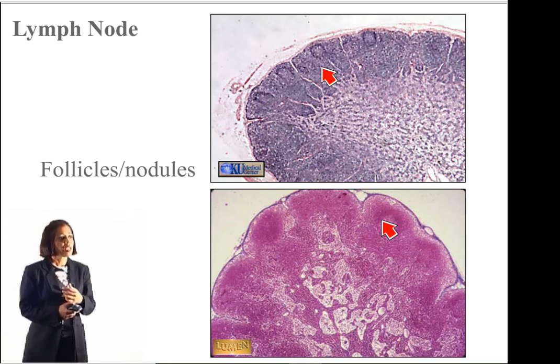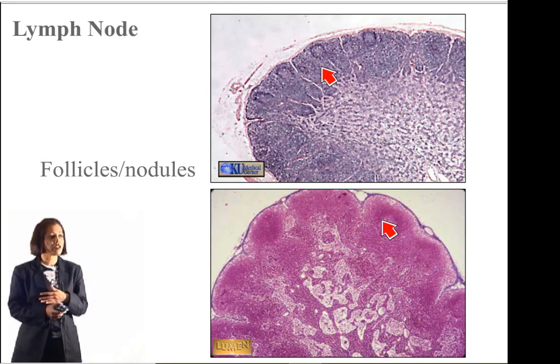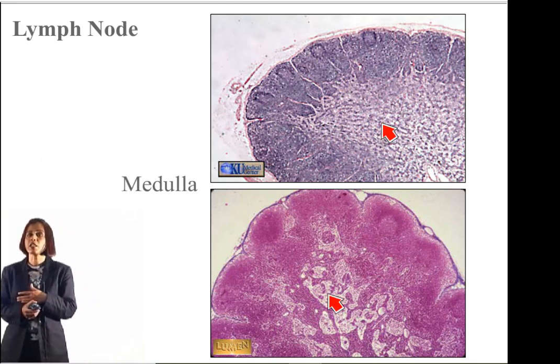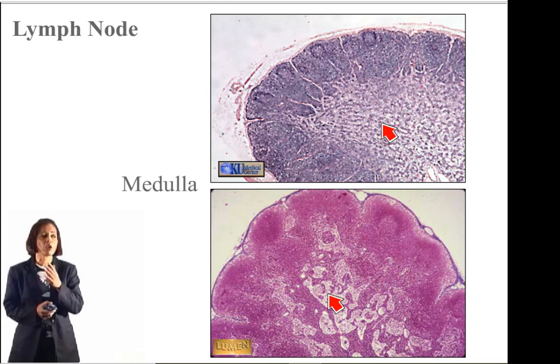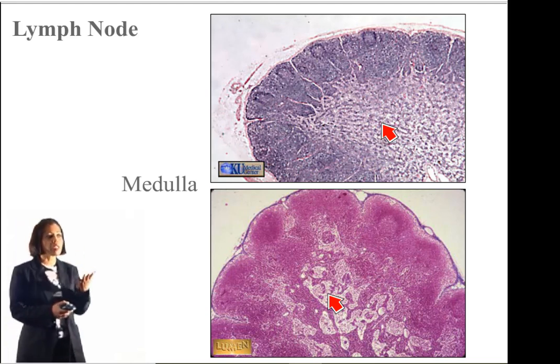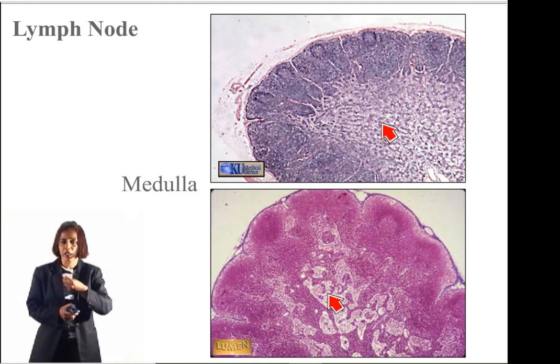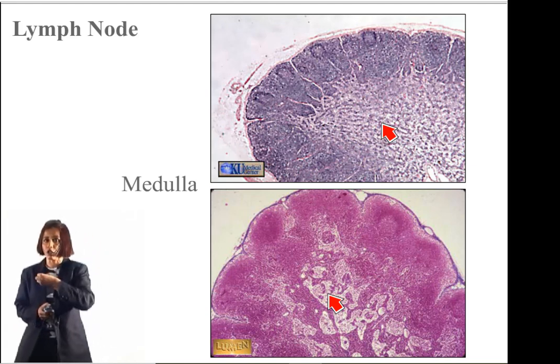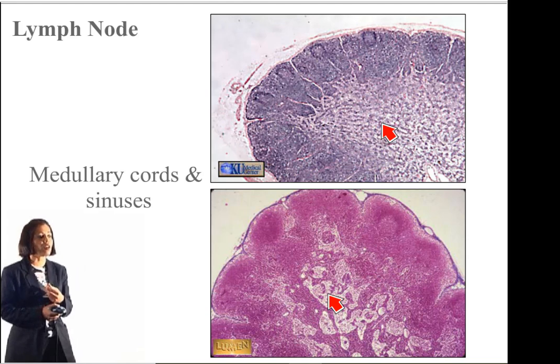Then you see a lighter staining medulla, where instead of the lymphocytes being aggregated so closely, they are dispersed, and those dispersed lymphocytes are seen as cords, so that's why we call them medullary cords.